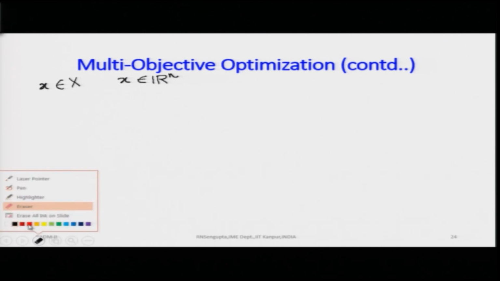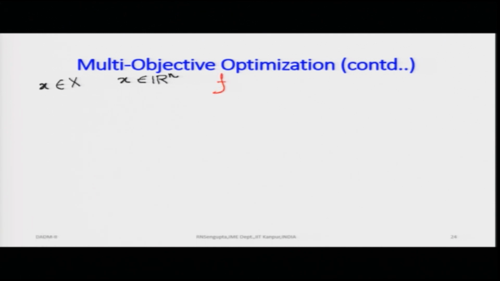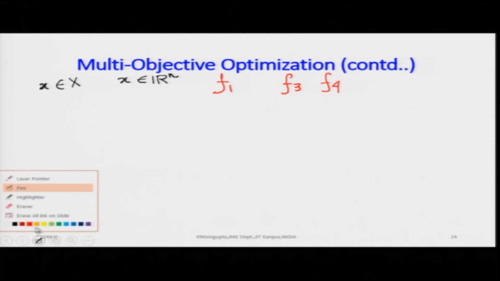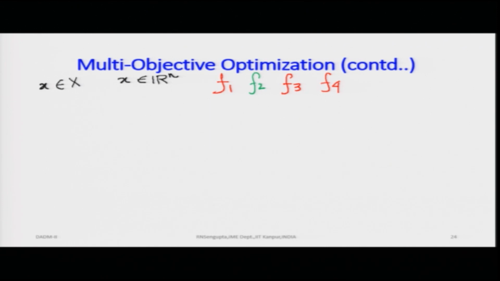Now the functional forms are, let me change the color so it is easy. All negative costs are red. Consider F1, F3, F4, and the positive ones are F2, which is why it is green, F5, F6, F7.